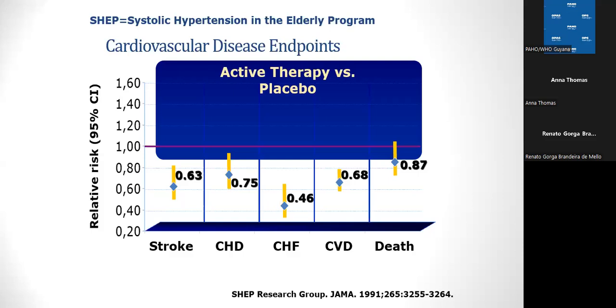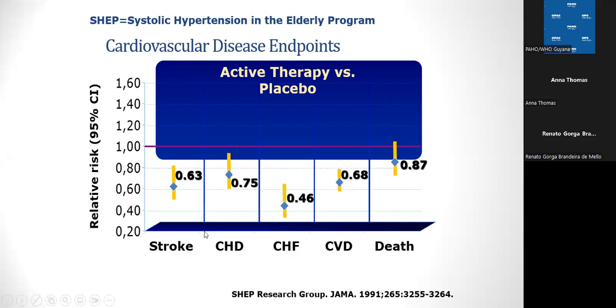The SHEP trial, here represented, showed a 40% decrease in stroke incidence, and also a 25% decrease in the incidence of cardiovascular diseases.